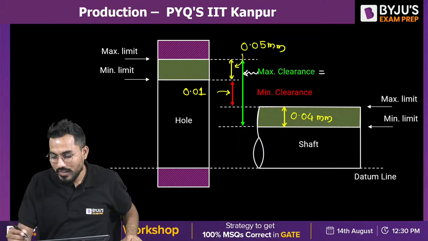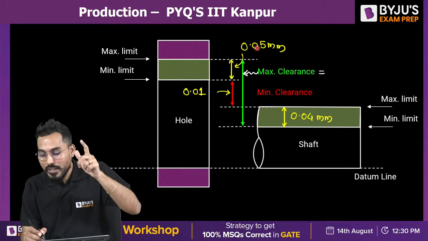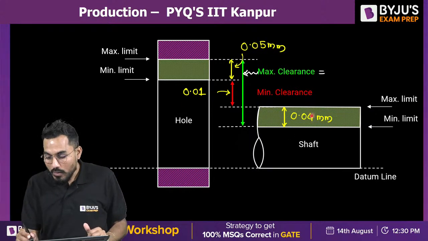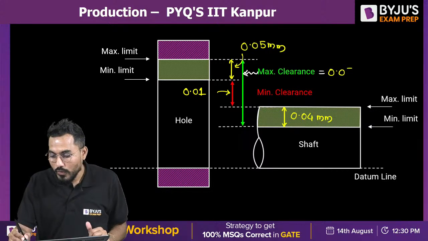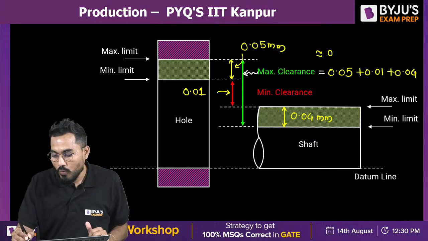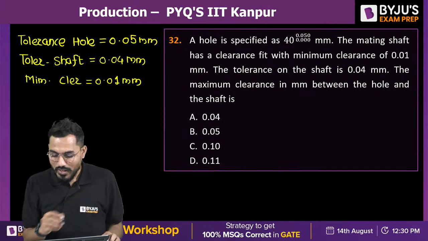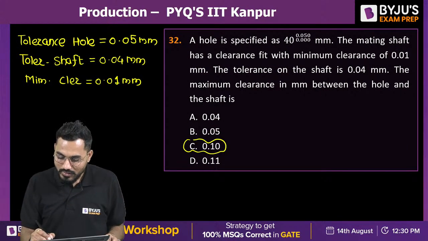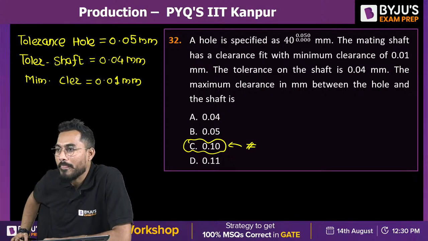So maximum clearance is exactly equal to the summation, from the graphical representation, 0.05 plus 0.01 plus 0.04, and the answer is coming 0.1 millimeter. Is it coming, everybody? C is the answer. Is it true? Yes. C is exactly my answer.